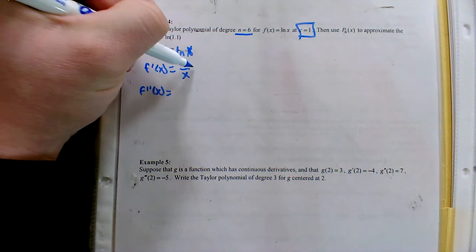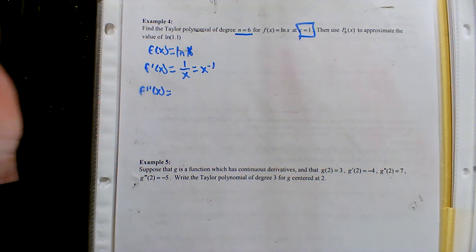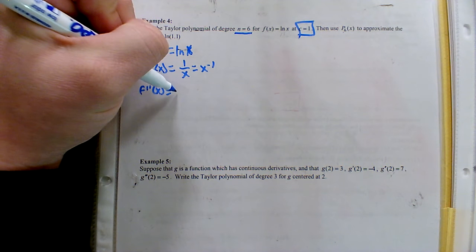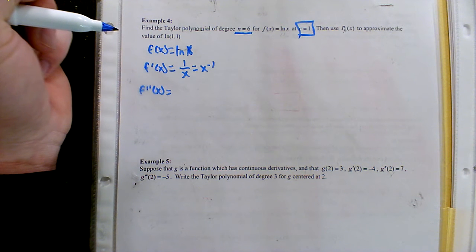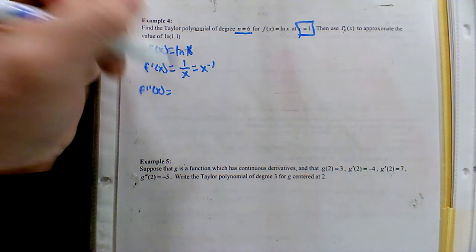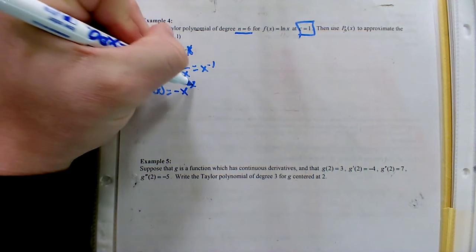Well, you could think about 1 over x as x to the negative first. So the second derivative is what? Negative x to the negative 2.